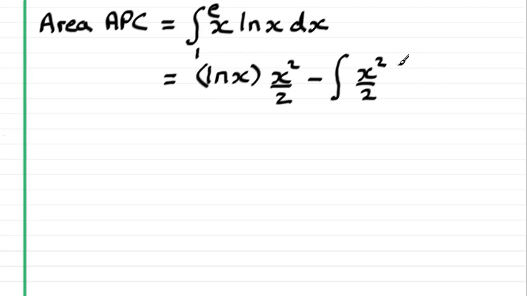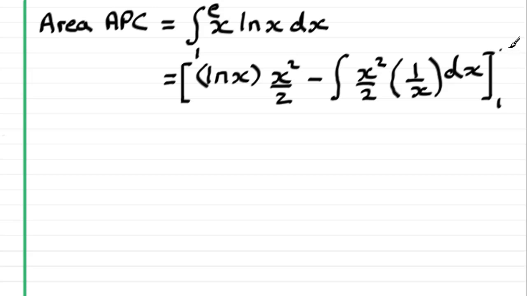So differential of natural log of x is going to be 1 over x. And we integrate that with respect to x. And we'll just put in some square brackets here, because on the end here we put our limits. That is going from 1 to e.